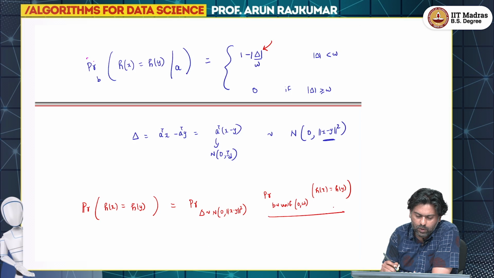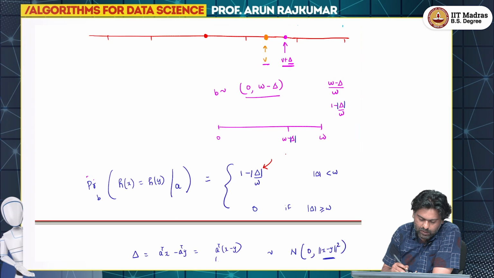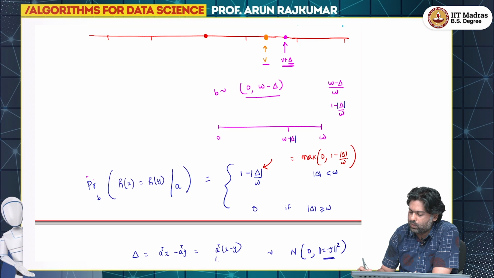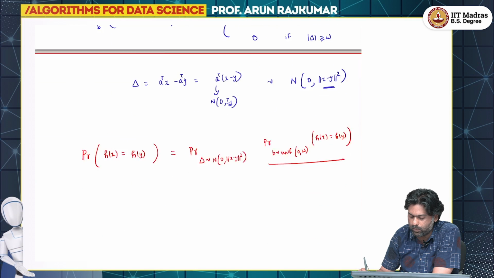So, this we have computed. One way to summarize this probability would be to say that this is the max of 0 comma 1 minus del by W, because 1 minus this is true only if absolute value of del is less than W. If the absolute value of del is greater than W, then this quantity is going to become greater than 1, so this max will compute to 0; otherwise it will compute to 1 minus absolute value of del by W, right.